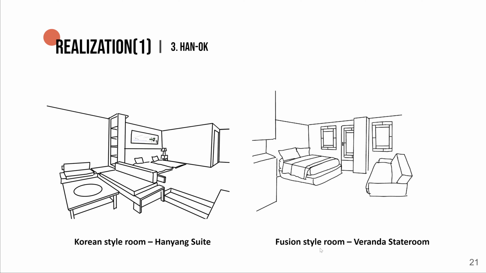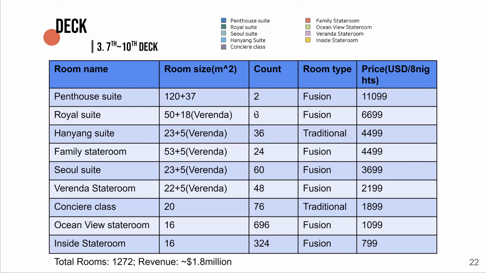For example, the Veranda stateroom in our cruise ship will have this kind of Western style to it. We have also calculated the number of rooms for each suite, and the room sizes for each room.